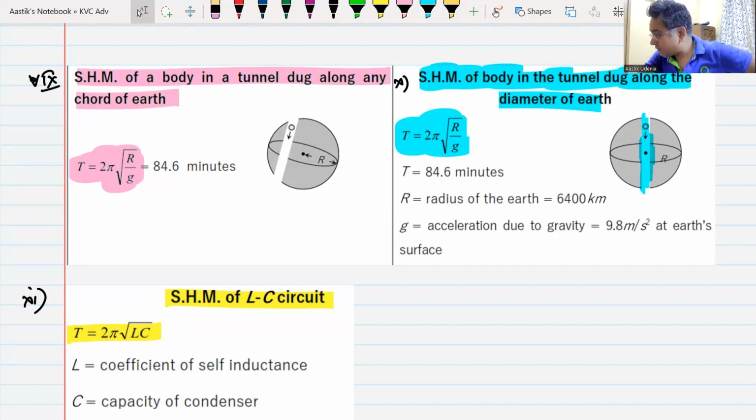We can prove it by the force method or the energy method. Now, I've told you the force method. There is an energy method as well that can help us in solving problems and proving that it is a SHM.